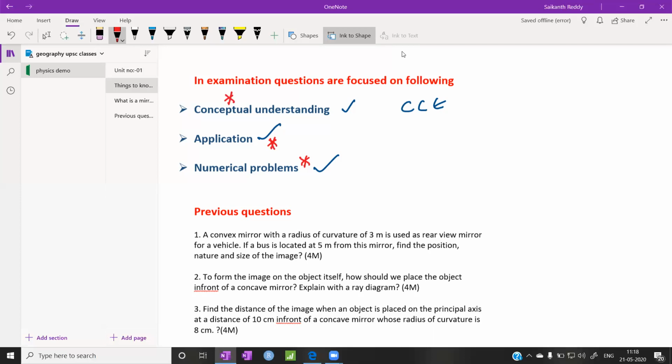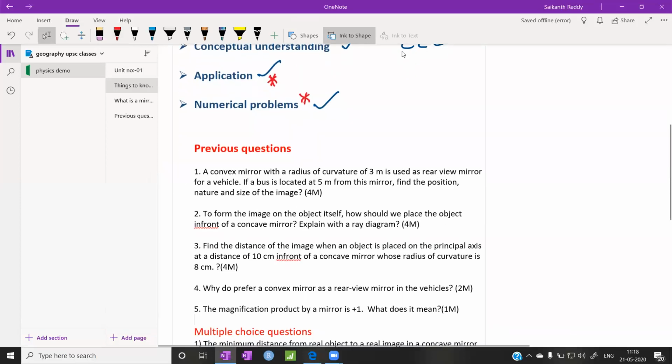Now these are some previous year questions. You can find some numerical problems given for 4 marks each. Mainly the 4 marks questions are either numerical problems or drawing a ray diagram for a spherical mirror based on given data or based on conceptual understanding.